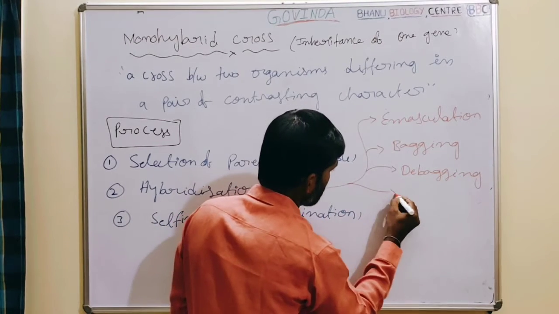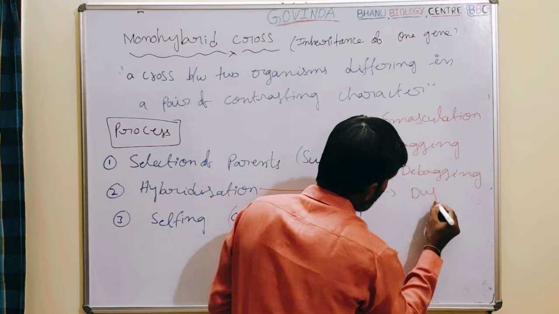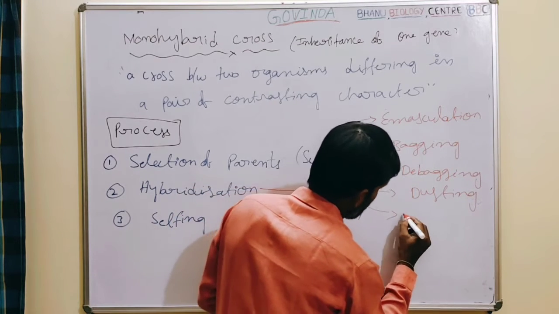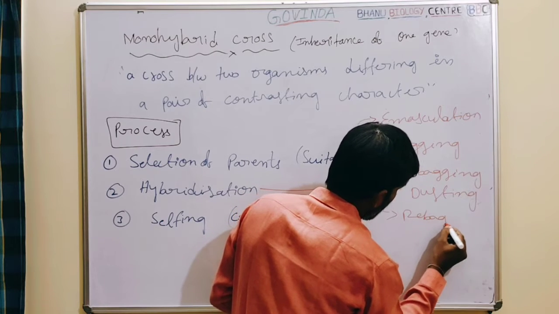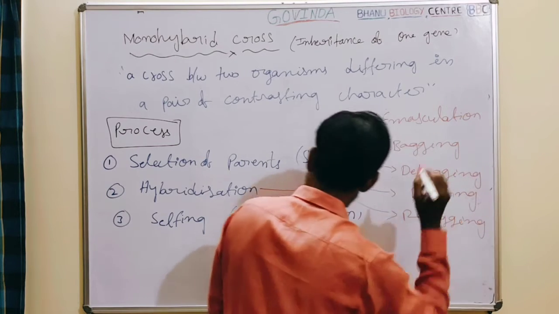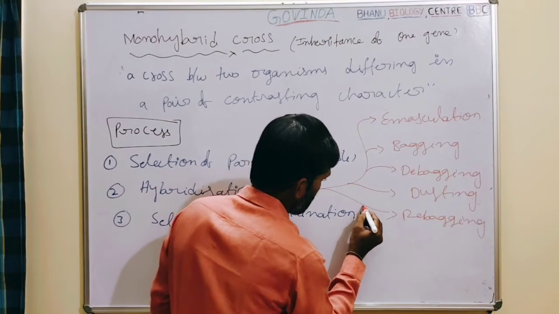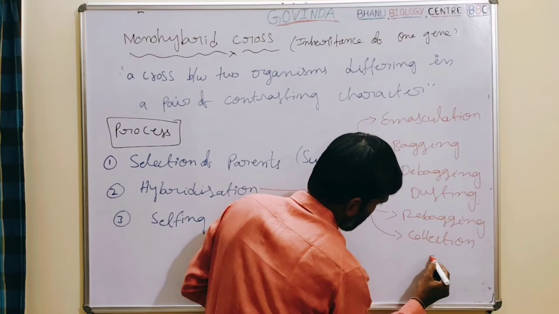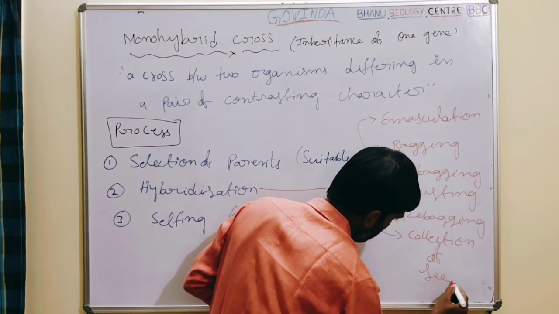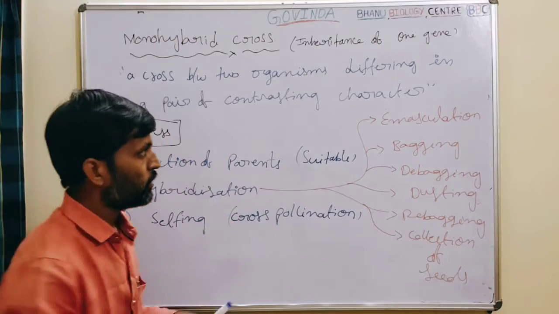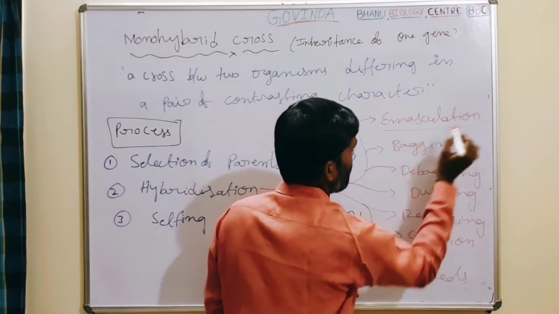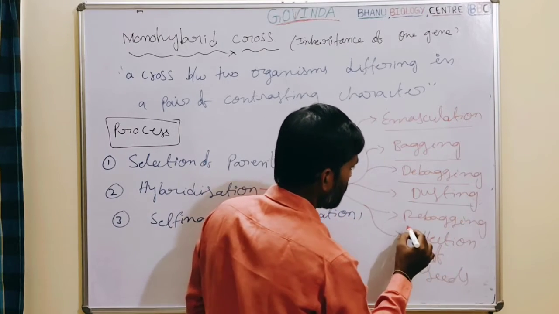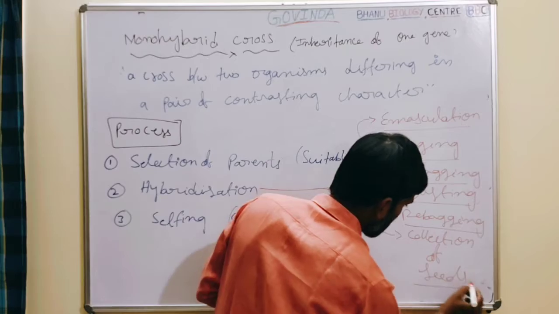The fourth step is dusting. Another step is rebagging. Then the last step is collection of seeds. These are the important steps: one is emasculation, second is bagging, third is debagging, fourth is dusting, fifth is rebagging, and the last step is collection of seeds.